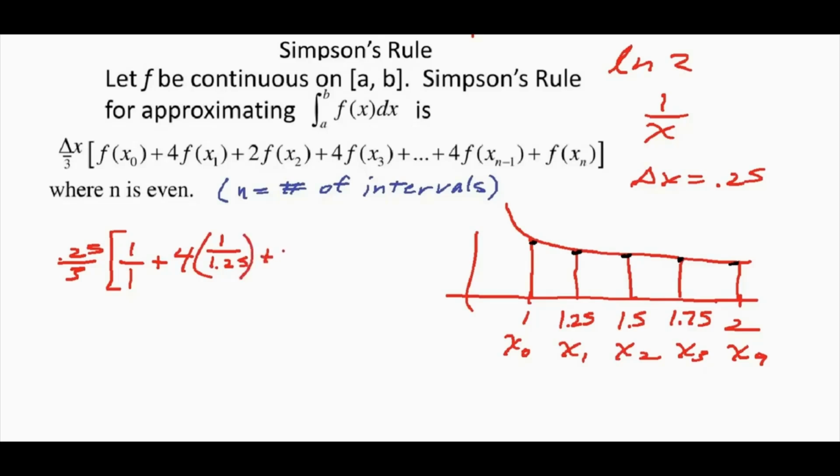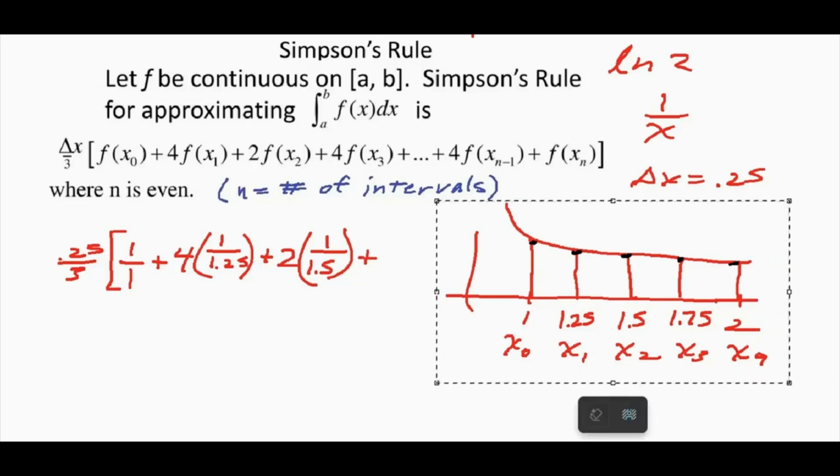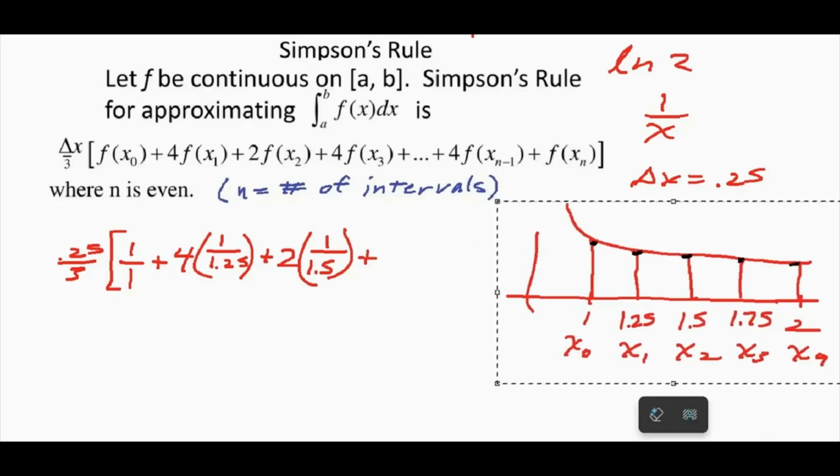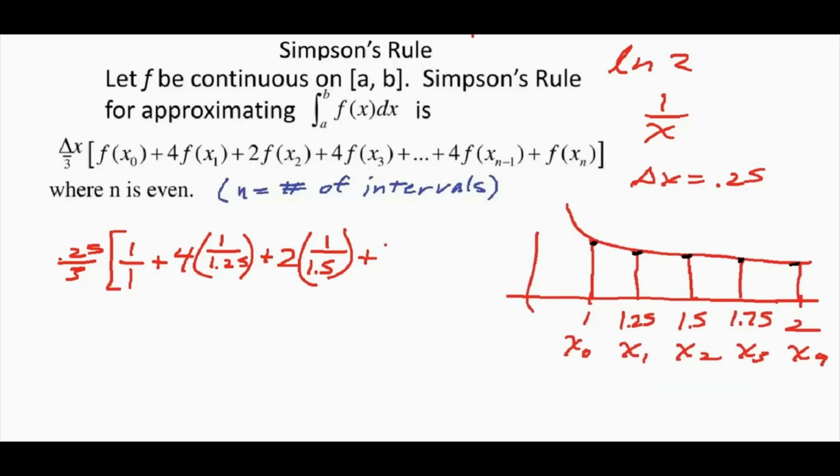Then plus 2 times 1 over 1.5, plus, I didn't leave myself enough room, then 4 again over 1.75, plus 1 over 2.